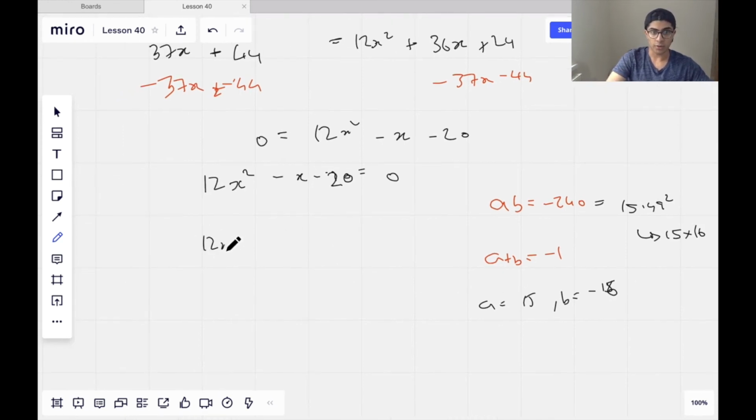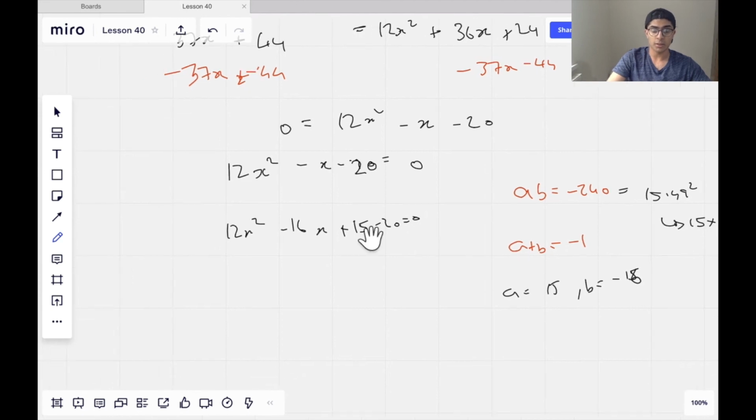So we have 12x squared minus 16x plus 15x minus 20 is equal to 0. Here, let's look at the factors of 12 and 16, or 2 and 4 as well.